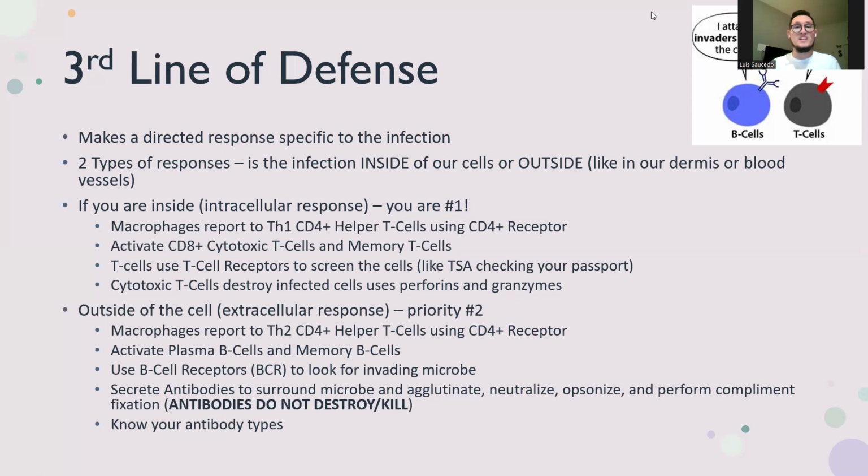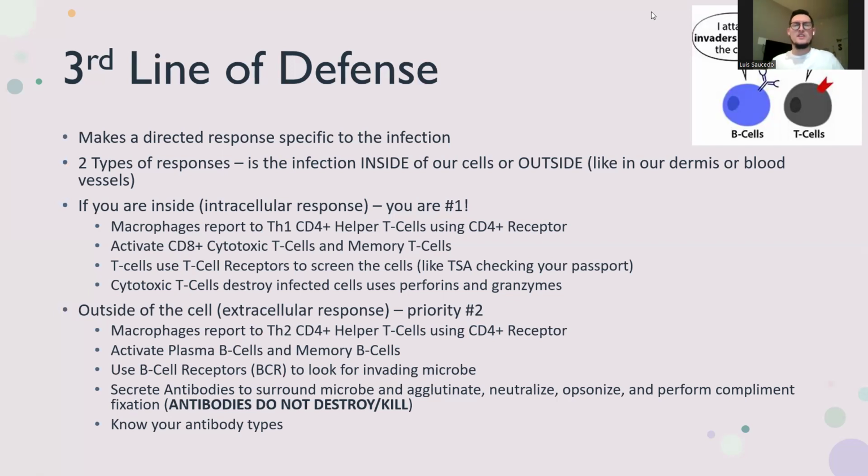After that, the CD4 plus helper T cells will then activate the cytotoxic T cells and memory T cells. Those cells are going to go through and they're going to check all of our other cells using T cell receptors to see which cells are infected and which cells are okay, kind of like the TSA checking your passport. A little bit extra information on this.